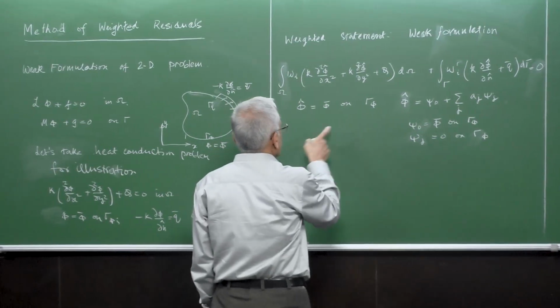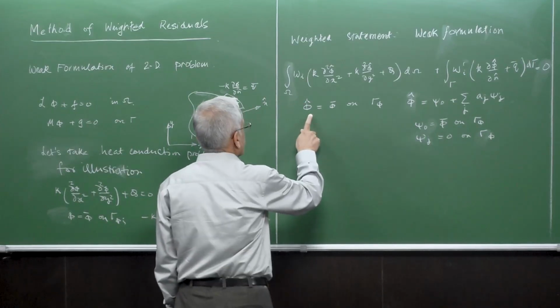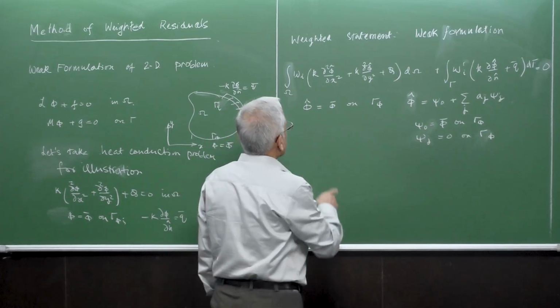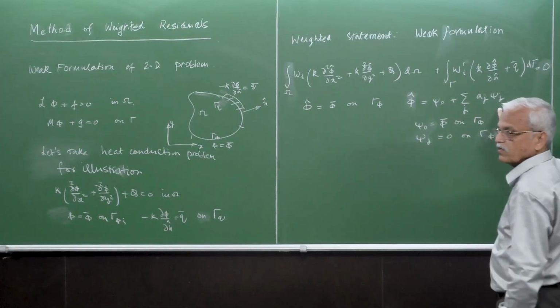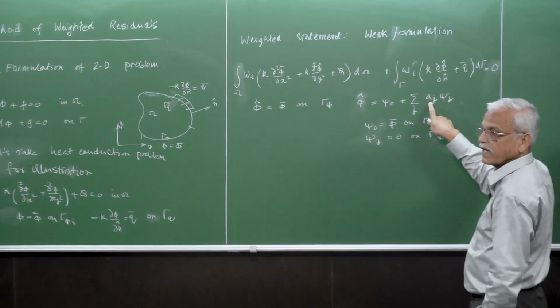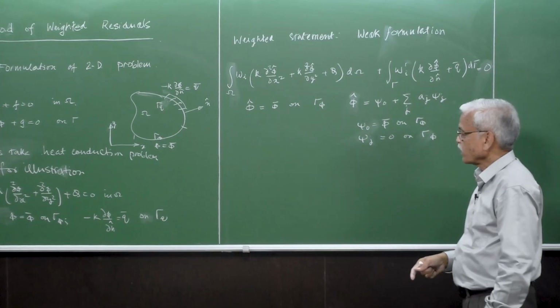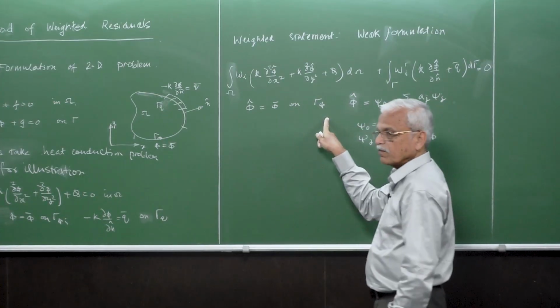Okay. So let's look at the approximation for this phi hat. The phi hat, as we assume it here, is a series expression where Aj are the undetermined coefficients, and psi j and psi naught are known functions in such a manner that this satisfies the gamma phi boundary condition.